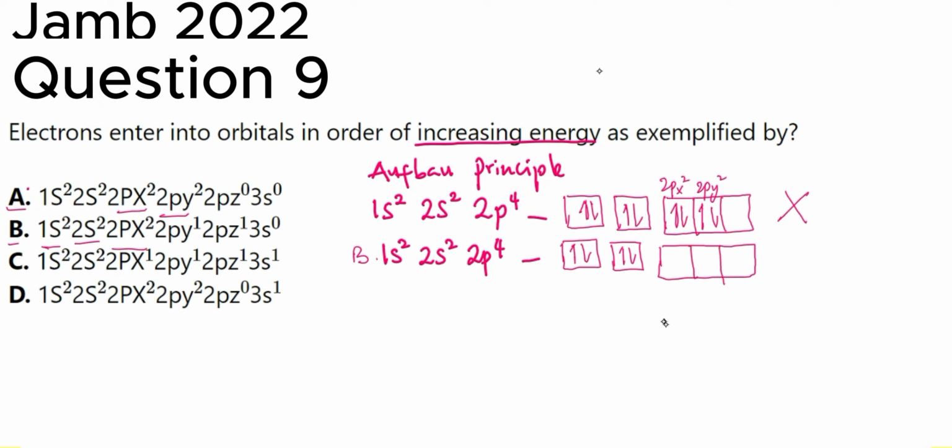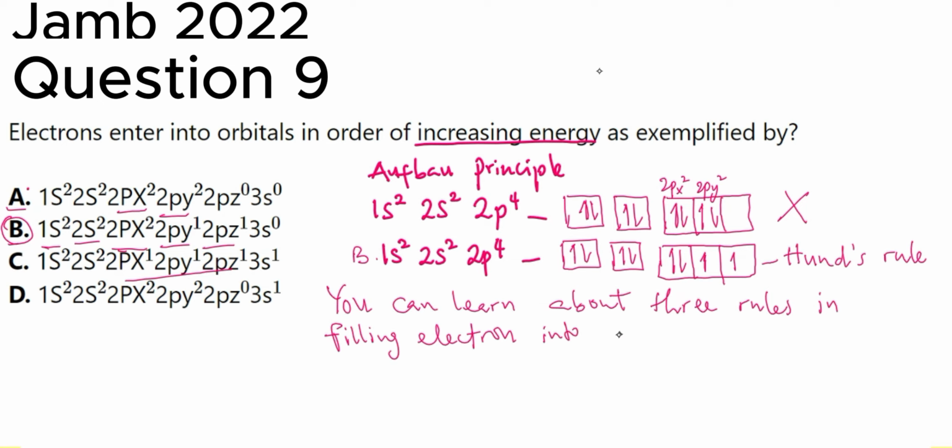You have 3 degenerates for the p orbital. 2px has 2 electrons, 2py 1 electron, and 2pz 1 electron. This should be right because according to Hund's rule, the electrons are filled into suborbitals singly before you start pairing them. So Hund's rule makes this one right. So we stop at that. The C will be our answer.